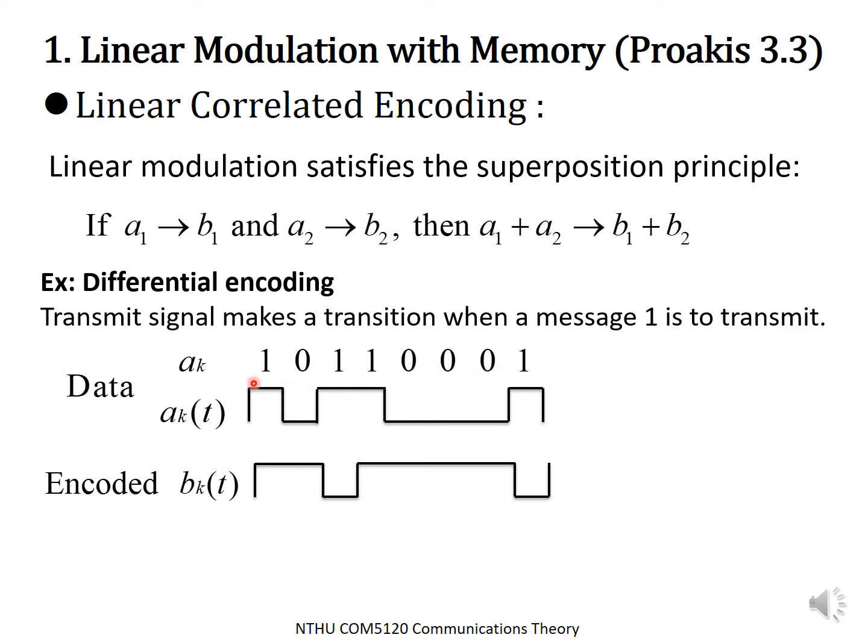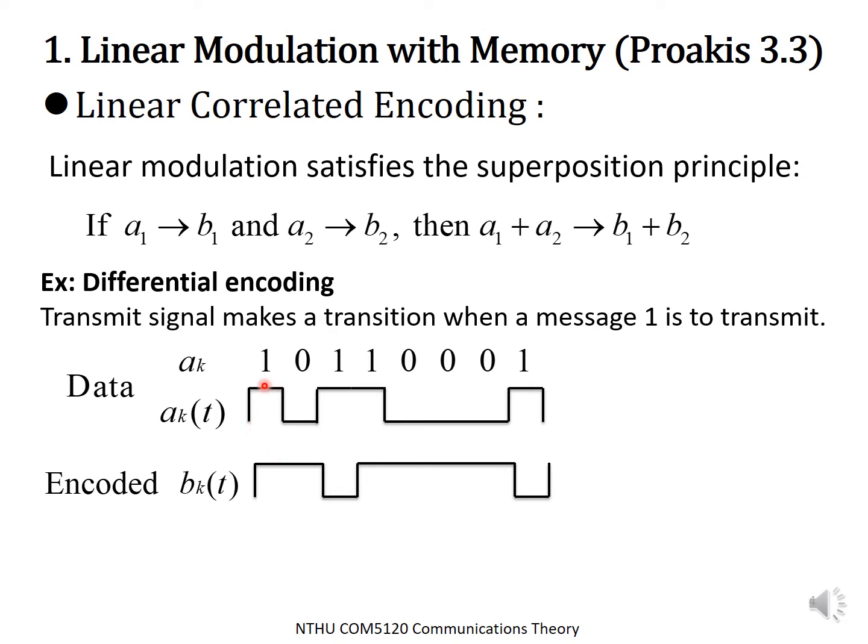AK is the message 1011001, and the waveform of AK(t). And the differential encoding is BK based on the message AK. The differential encoding is that whenever there is a message of 1, then BK makes a transition. Otherwise, there's no transition.